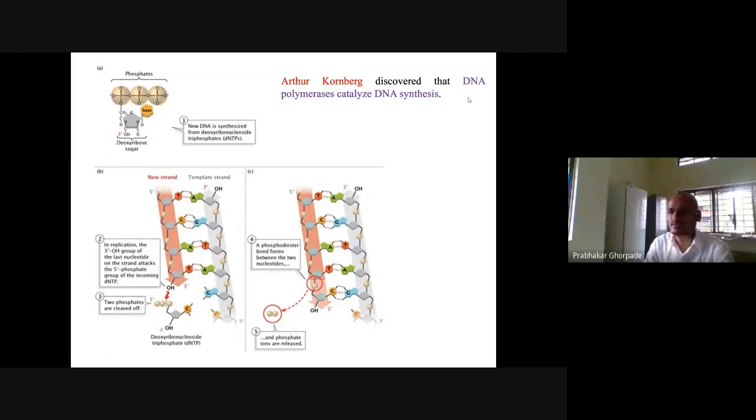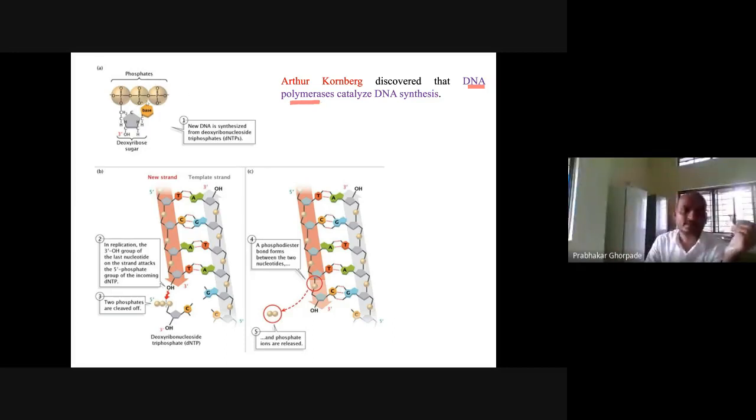DNA polymerase always catalyzes DNA synthesis, and Arthur Kornberg is the person who discovered this DNA polymerase enzyme. He explained how nucleotides grow and join together on one nucleotide.